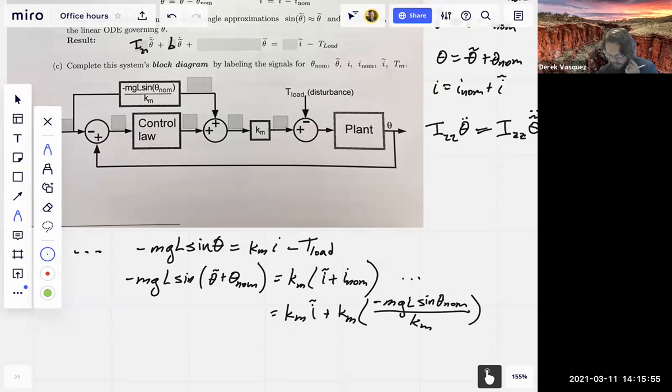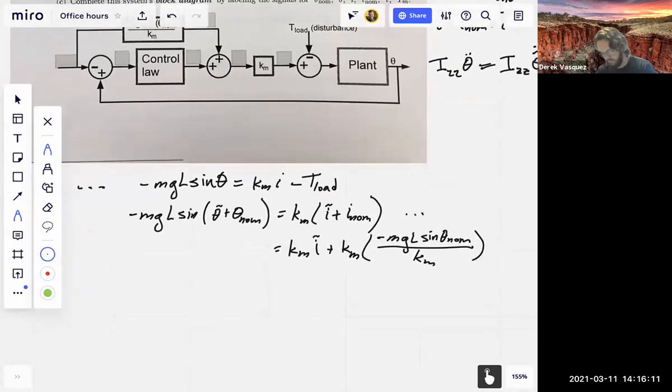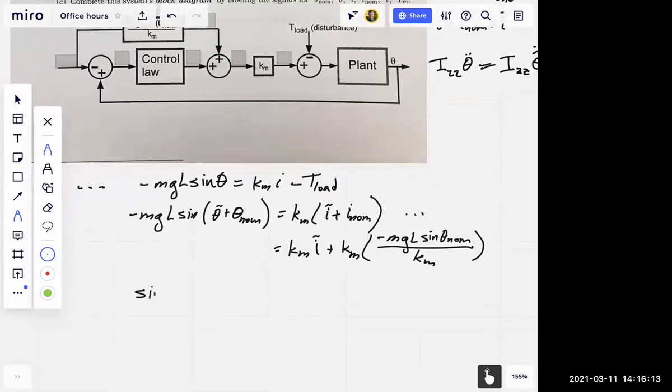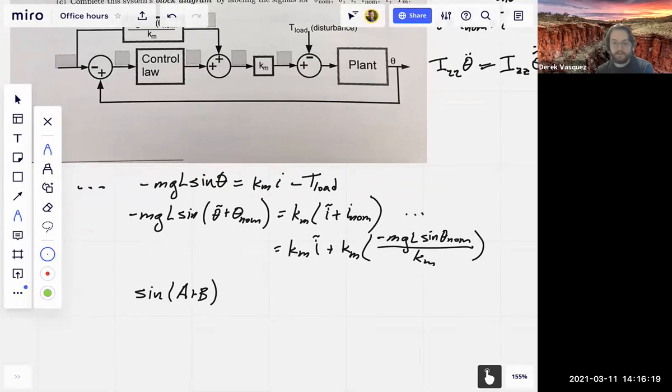And then for the other side, does anyone remember the trig identity for sine of a plus b? Is it like sine A times sine B plus cosine A cosine B? Close. That's similar to the cosine one.